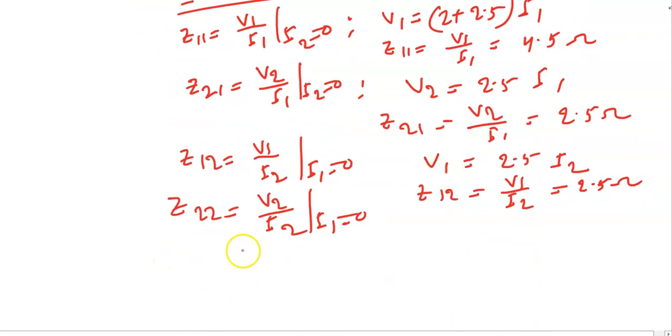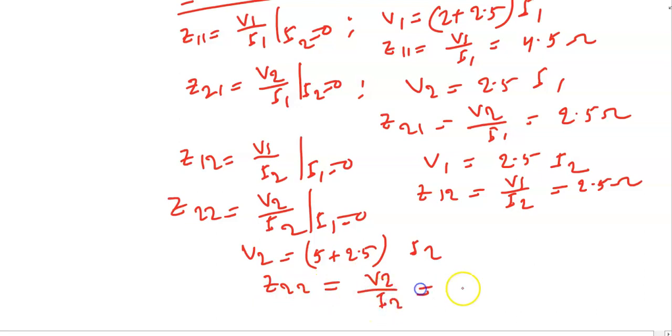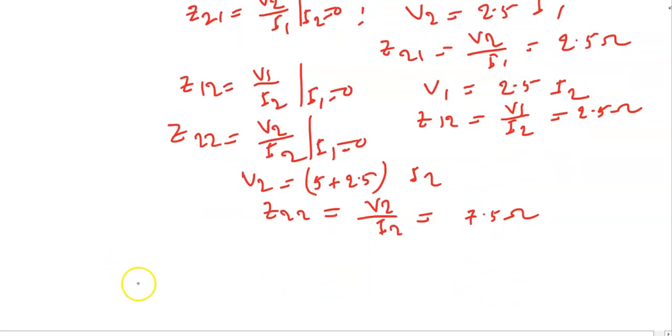So your V2 is equal to 5 plus 2.5 I2. So G22 is equal to V2 upon I2, which is 7.5 ohm. So collecting all the parameters in matrix form.